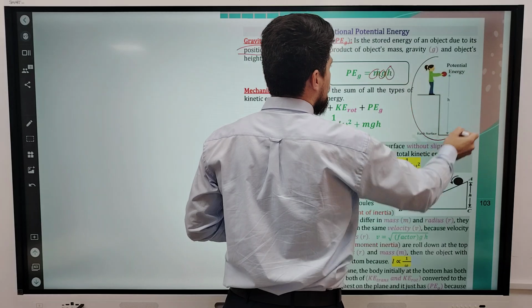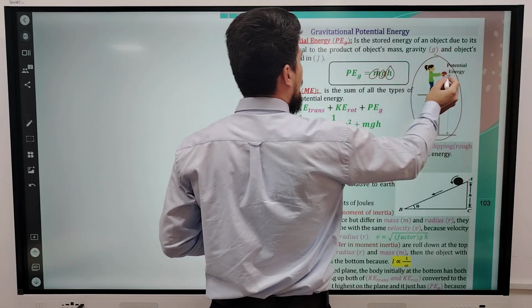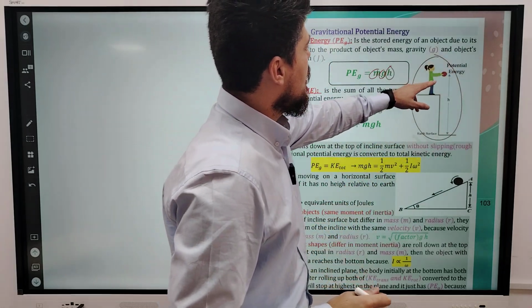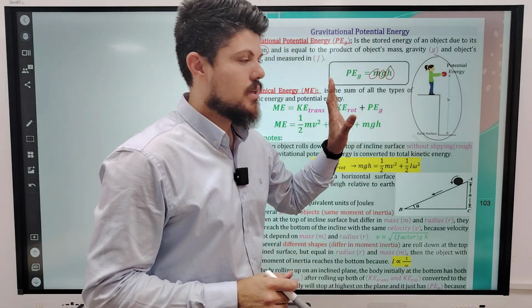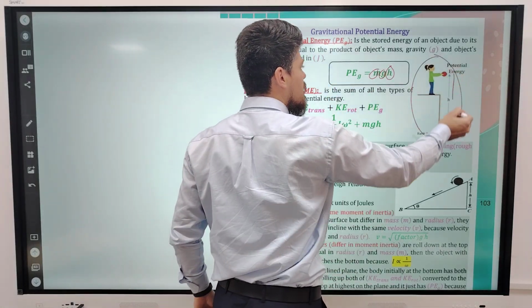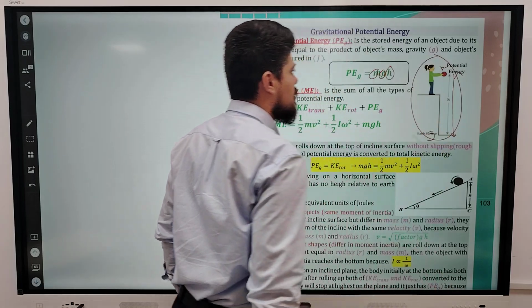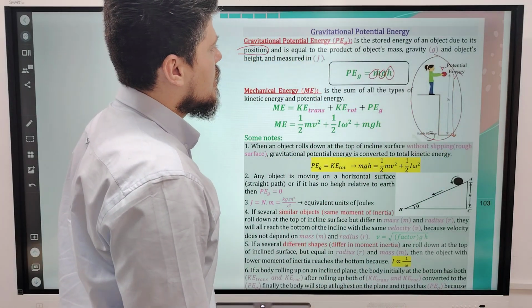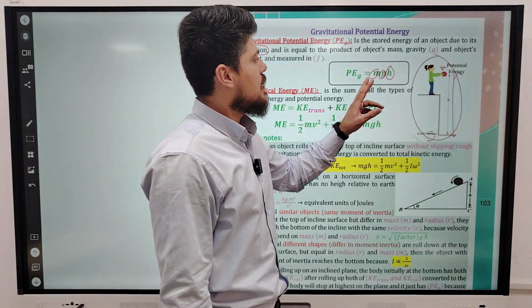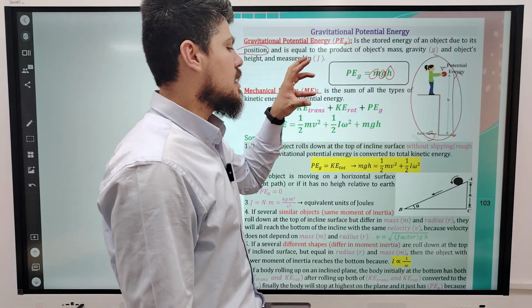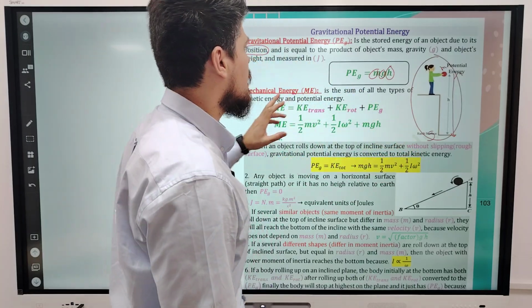As you can see in this figure, the ball caught by this girl has potential energy. Why? Because it has height, and it also has mass, and gravity is present. So the potential energy increases by increasing mass and by increasing height.